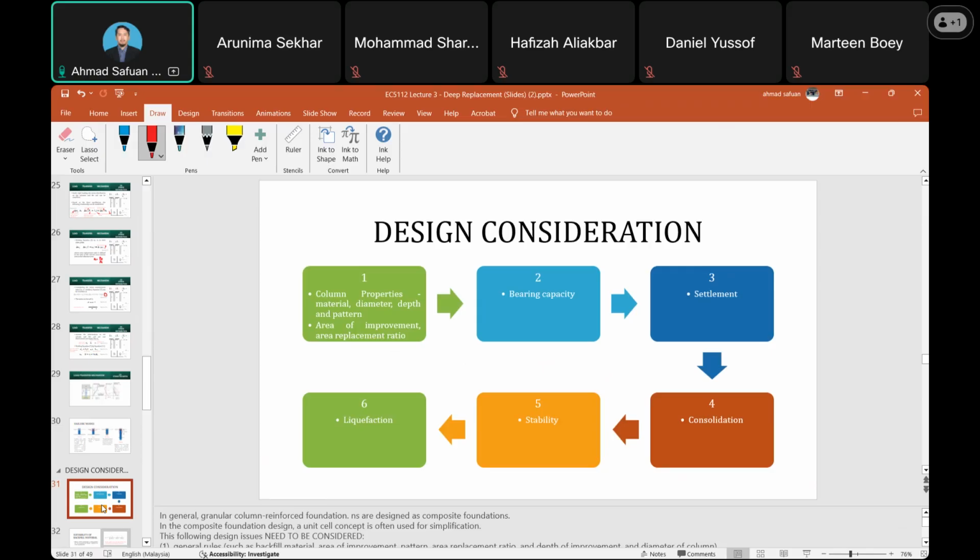We have two types of patterns, either square or triangular. Each type has its own coefficients that we need to use when we do the design. Later on, we will discuss that issue. Then the area of improvement or area replacement ratio.